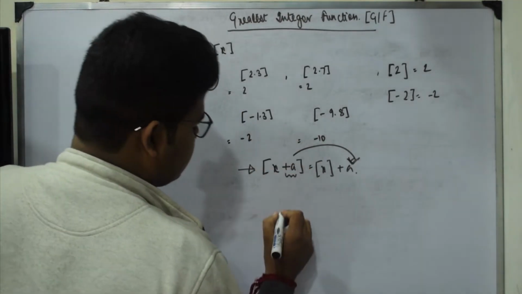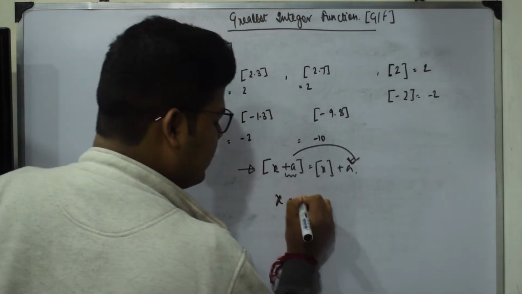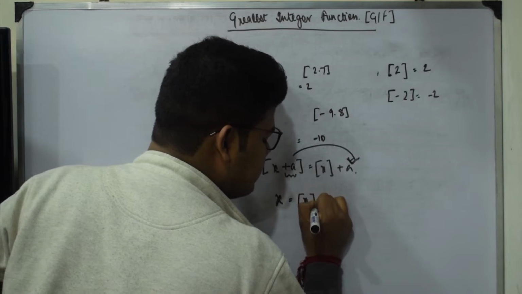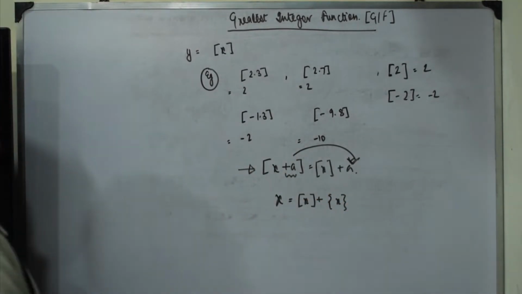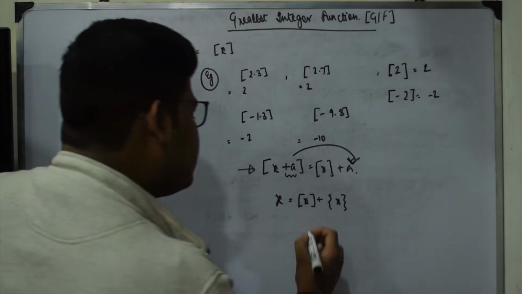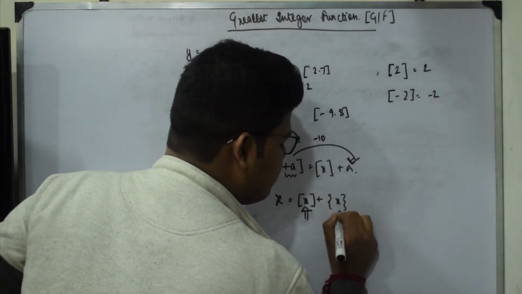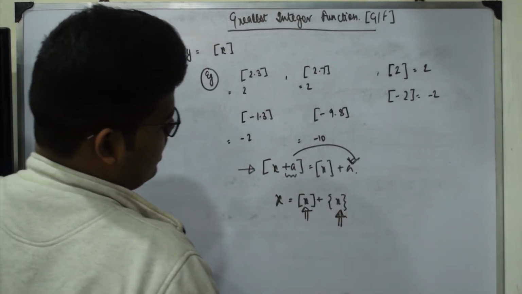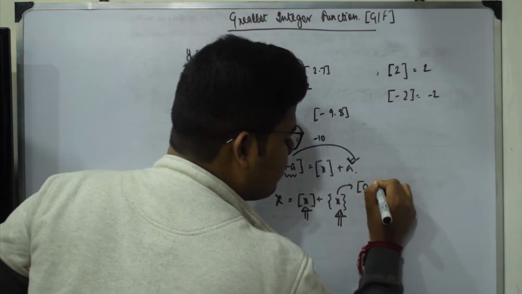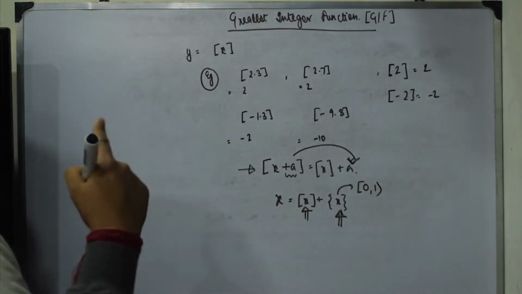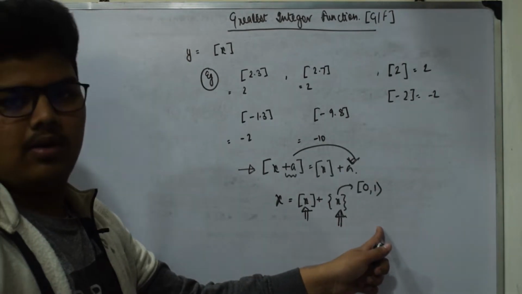Also, any number x can be written as a combination of the greatest integer function and the fractional part function. Now what are these? This is the greatest integer function, this is the fractional part function. This can give a value which belongs from 0 to 1. 1 is not closed, it's rather an open interval because it can't return 1.